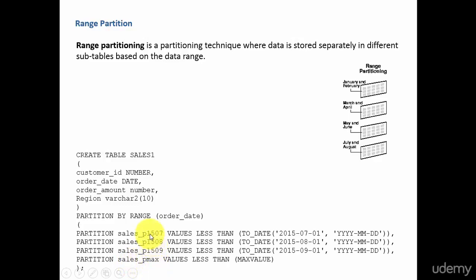You see, I divided it into 4 partitions. But you can create a table with 12 partitions, each partition holding a month's worth of data. Now let's go and create this table.